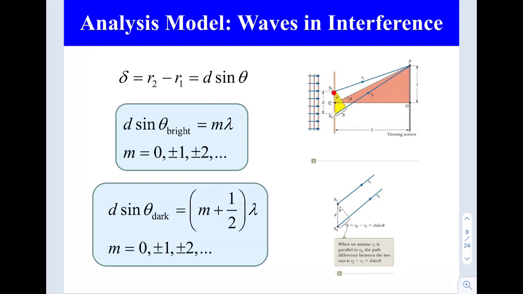This is the path taken: R1 for the wave passing through S1, and R2 for the wave passing through S2. The difference between R1 and R2 is delta, the path difference. So the path difference is equivalent to R2 minus R1, equivalent to d sine theta.